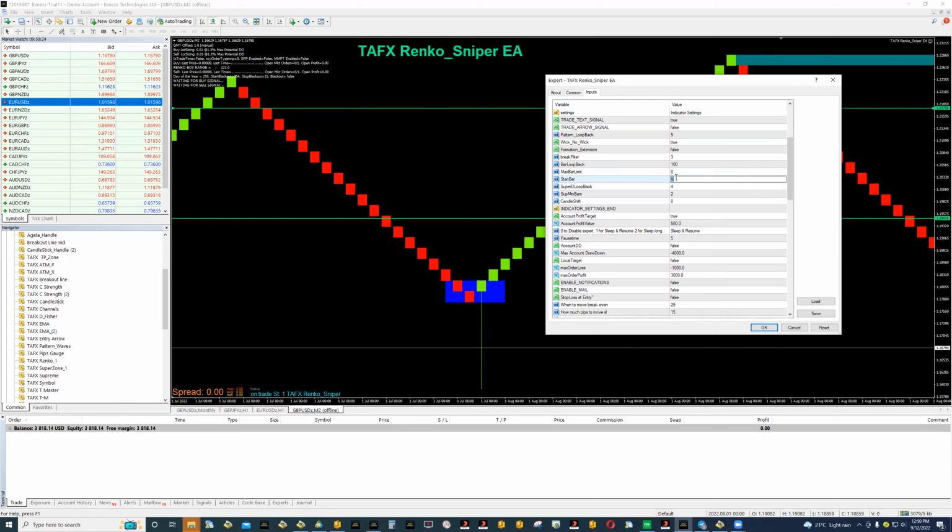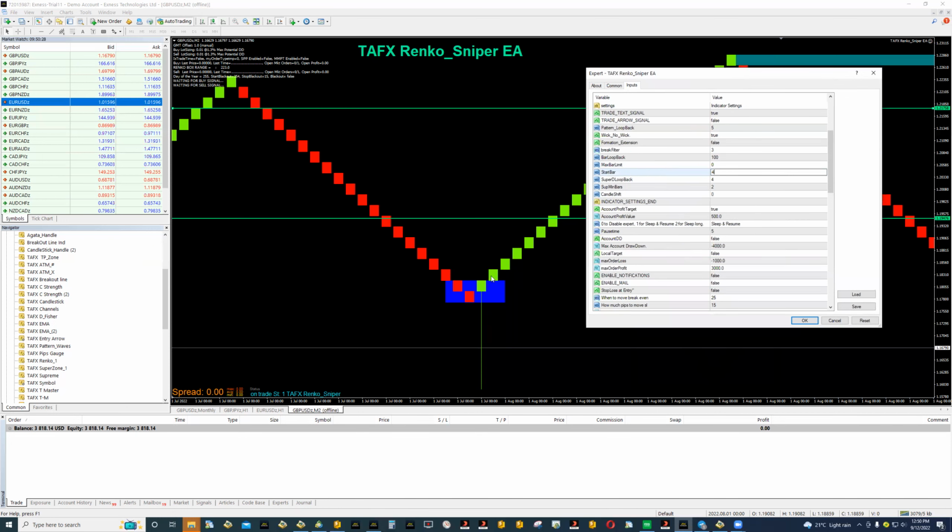If you set it to, let's say, 4, it must count 4 bullish breaks, and it will enter the market with the 5th break, if you wish to enter with the 5th break.